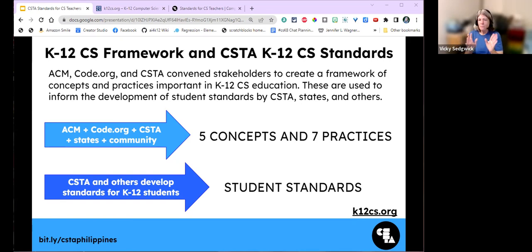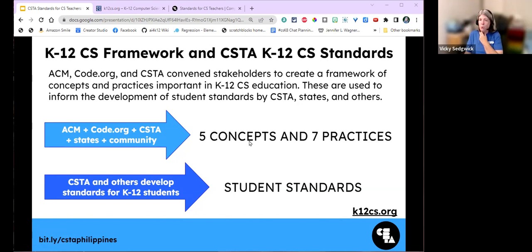What they ended up coming up with was 5 concepts and 7 practices to cover the breadth of what we should teach in K-12. Then from those concepts and practices, CSTA and a lot of other states and organizations have developed standards for K-12 students based on the framework.